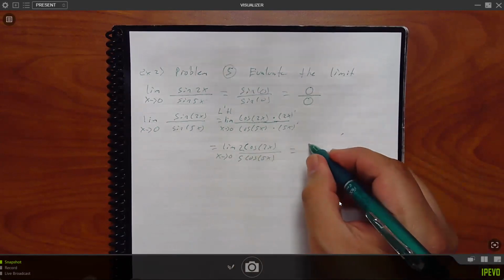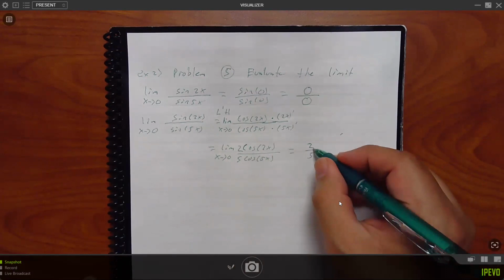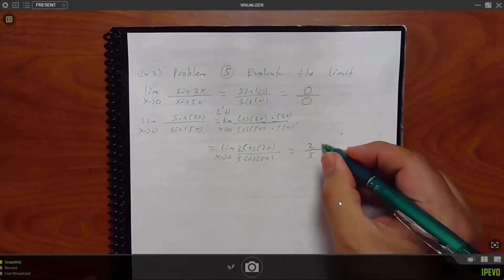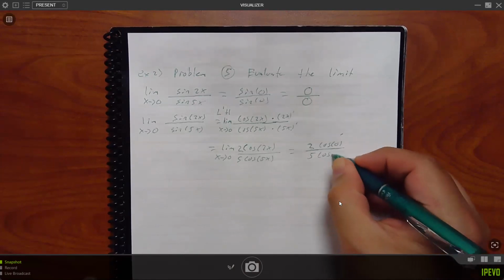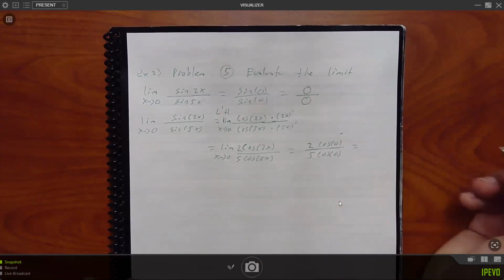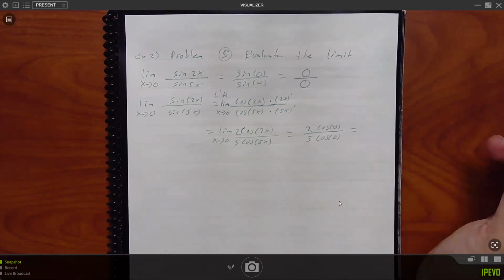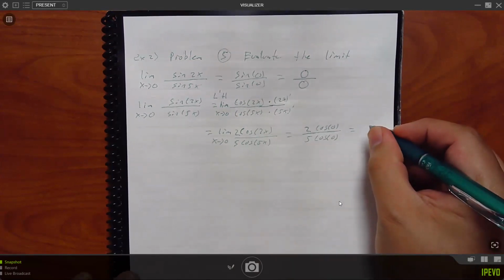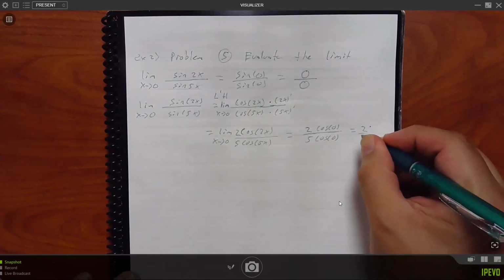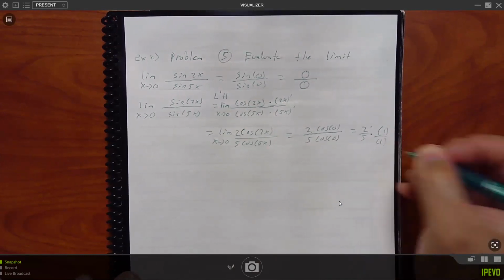You will get 2/5, right? Technically, or if you prefer, 2 cosine of 0 over 5 cosine of 0. What is cosine of 0? Isn't it 1, I think? Yeah, it's going to be 1 on the unit circle. So that'll be 2/5 times 1 over 1.